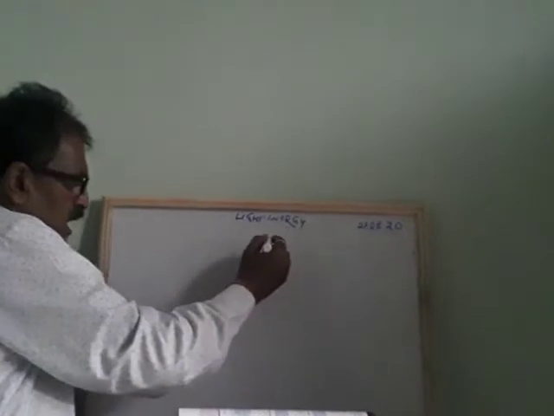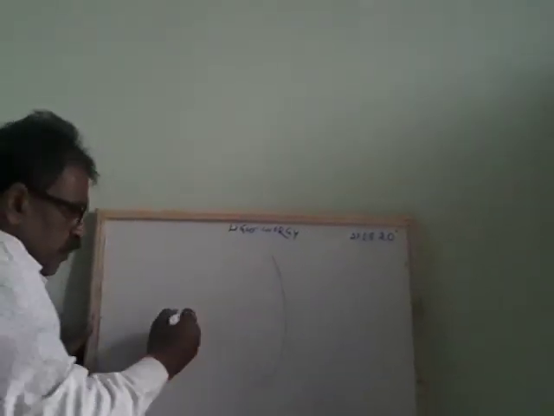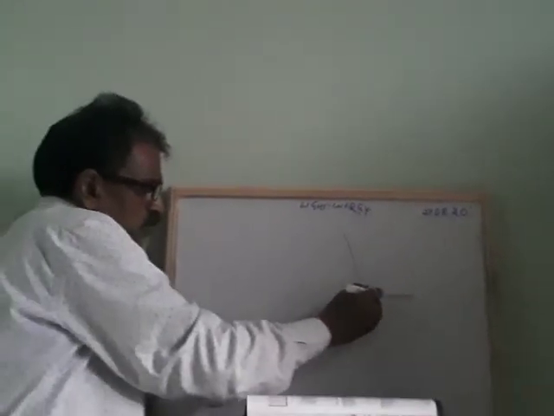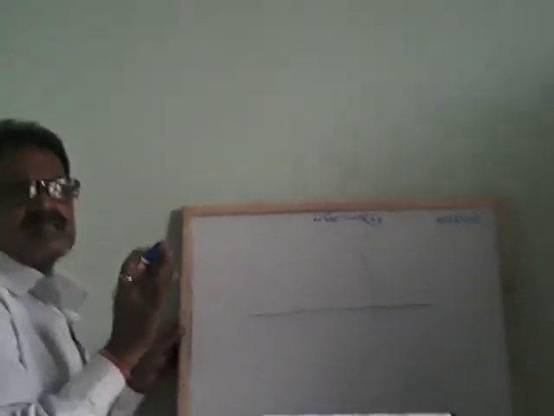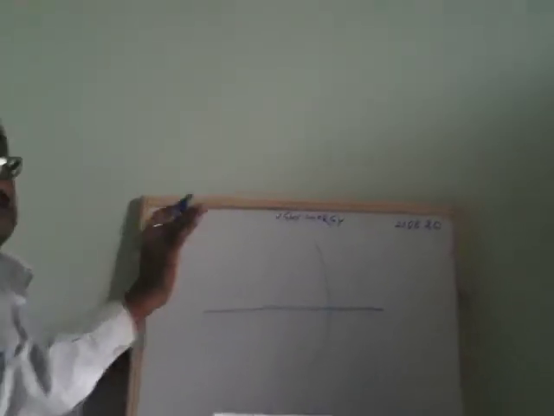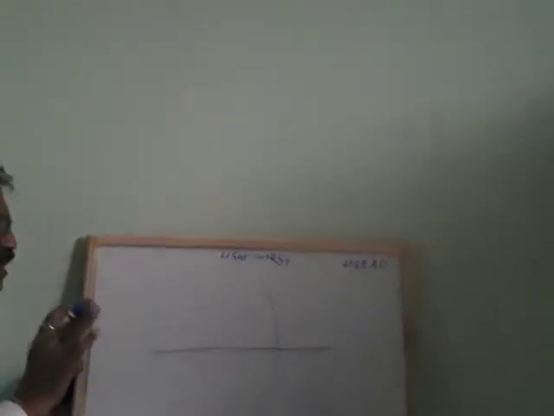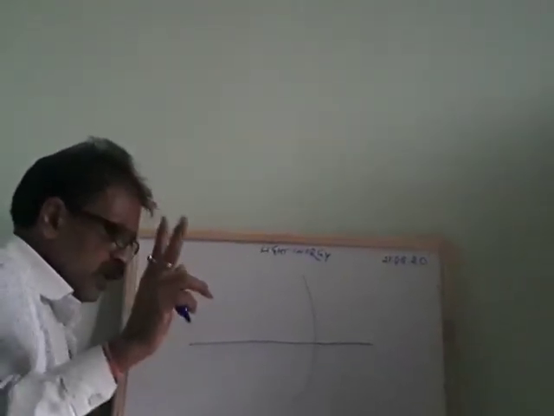So I will draw a diagram like this. This is a concave mirror. I told you object at infinity means any distance, maybe 10 kilometers or 10 meters, 20 meters, 30 meters. If such a situation is there, the light rays fall, and you can take two light rays.